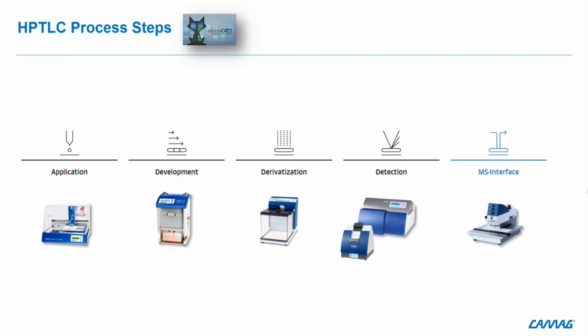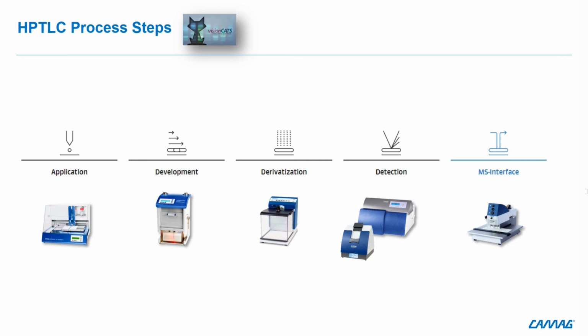A typical HPTLC workflow consists of the following steps. Application, where we typically spray an 8 mm band of sample onto the plate. Development, performing the chromatographic separation in a standardized environment with controlled humidity and optionally conditioning.